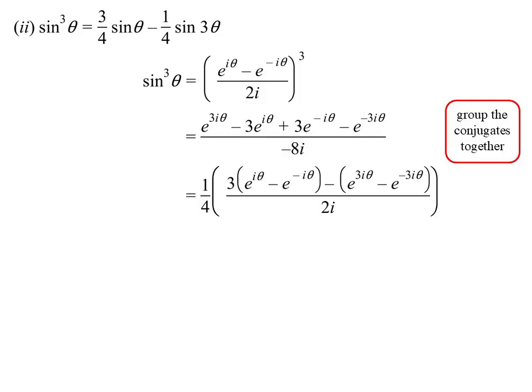So with the 3, I'll get a number minus its conjugate, and the negative 1, I've also got a number minus its conjugate. And they're over 2i, so we know we've got the sine relationship there. So that's going to be 3 sine θ, and the other one will be minus sine 3θ. And there's our proof. Quite a lot quicker than doing it the other way.